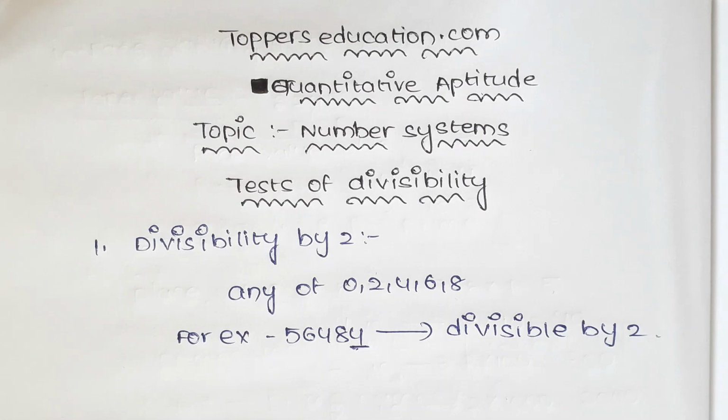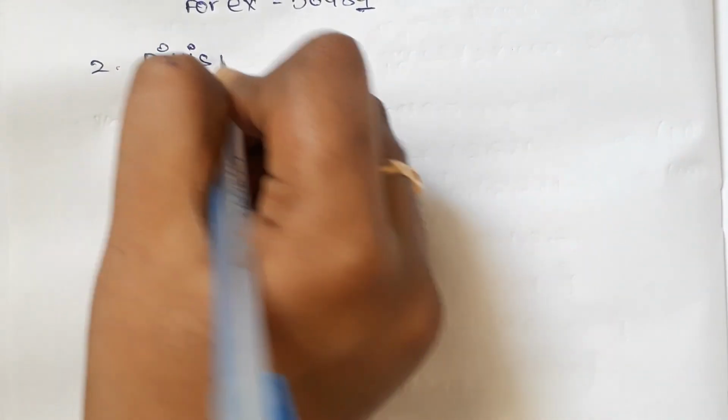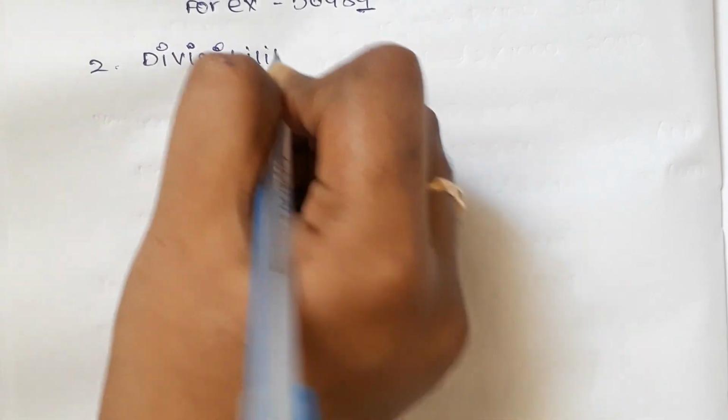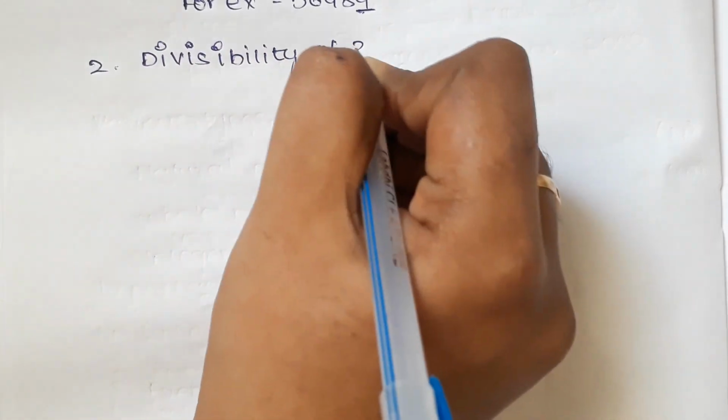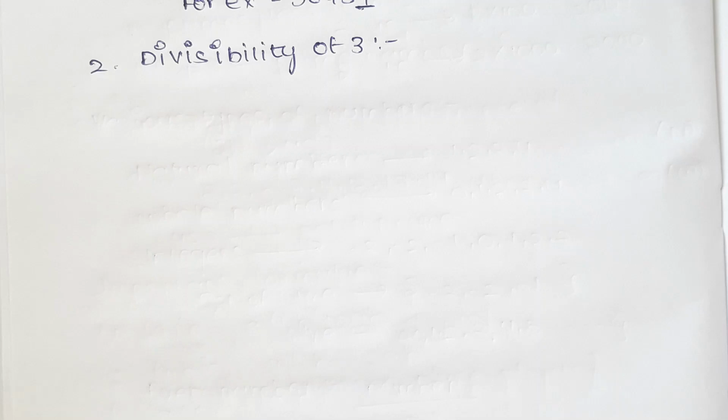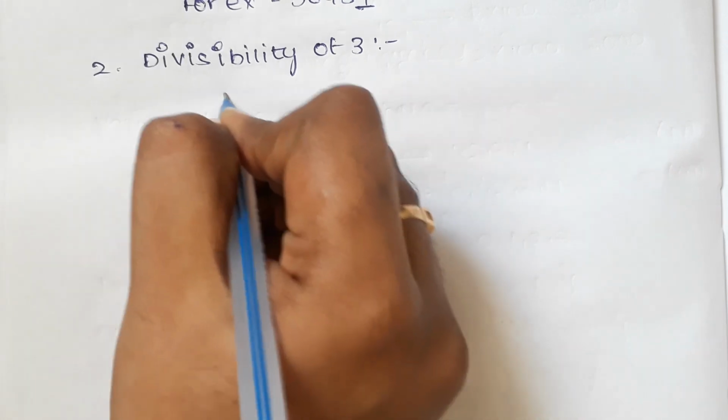Now let us see divisibility of 3. A number is said to be divisible by 3 when the sum of digits in the given number is divisible by 3.